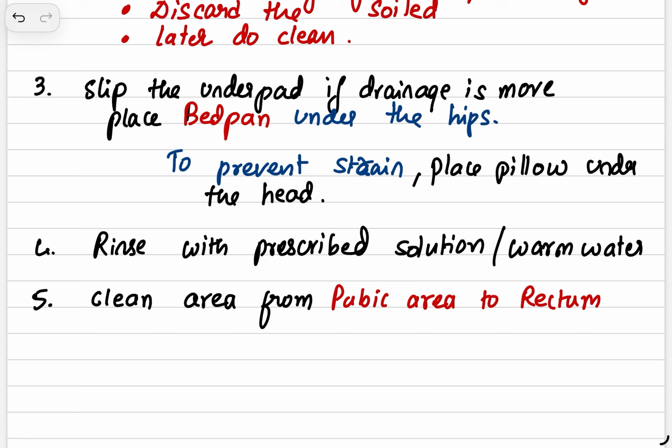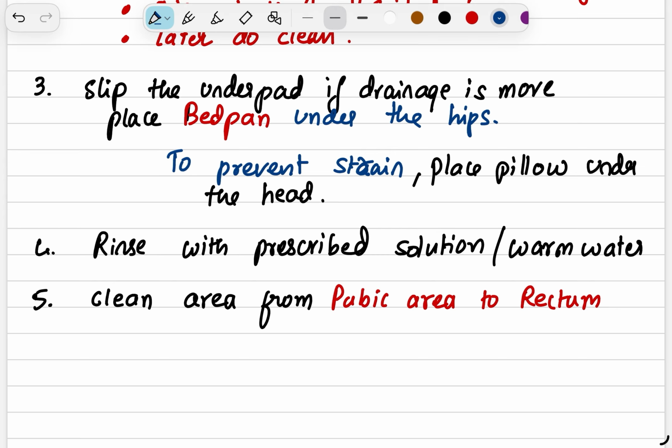In order to prevent the strain on the head, you place the pillow, clear? Also place one under the shoulder, very importantly, to prevent pressure on the shoulder, especially the scapular region, the scapula or acromion process region.